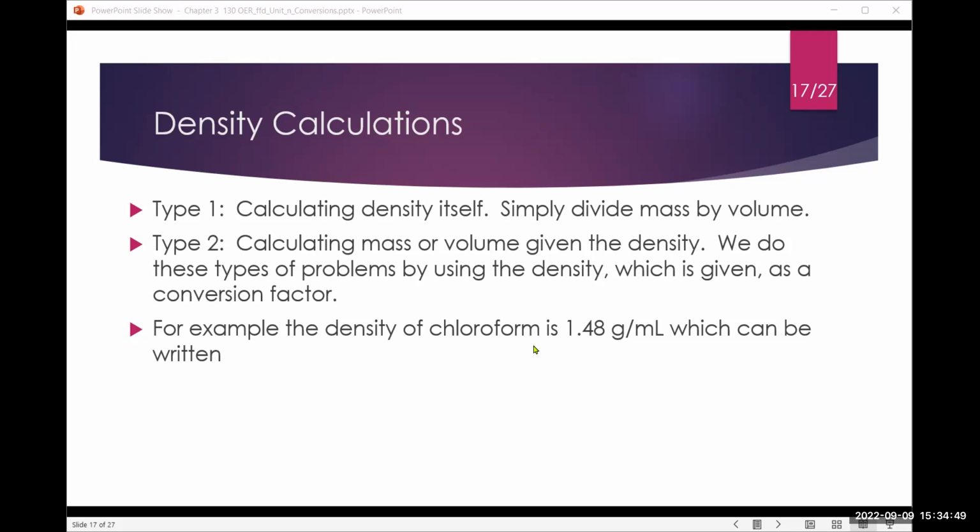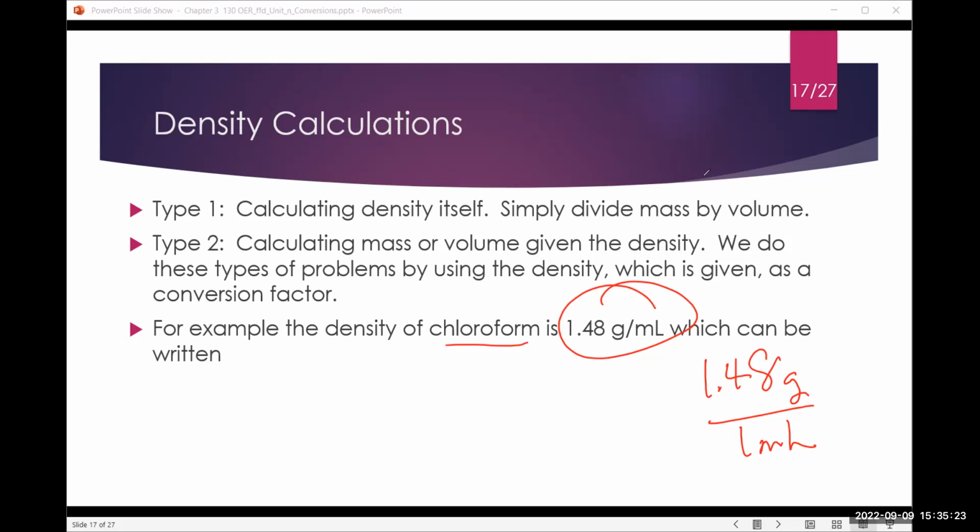That means for every milliliter that you would measure out with a volume dispenser, it would weigh 1.48 grams. By the same token, for every 1.48 grams of chloroform that you weigh out, it would have a volume of one milliliter. Okay. All right.